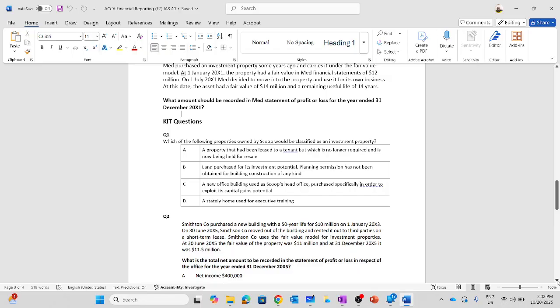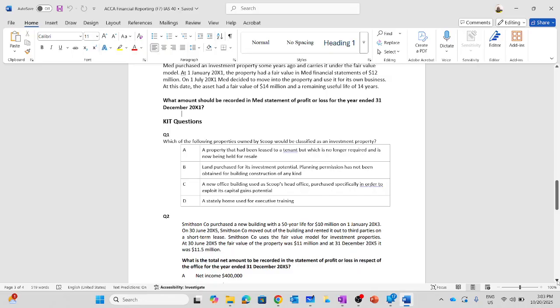Question one: which of the following properties owned by Scoop will be classified as investment property? Option A, a property that has been leased to a tenant but is no longer required as it is now held for sale. Land purchased for investment potential, where planning permission has not been obtained for building construction of any kind.